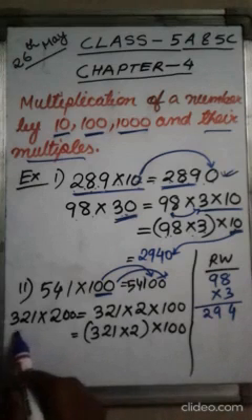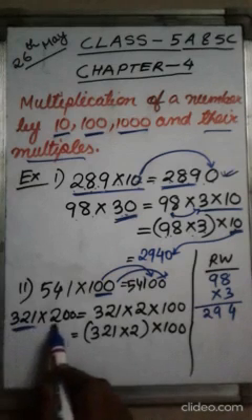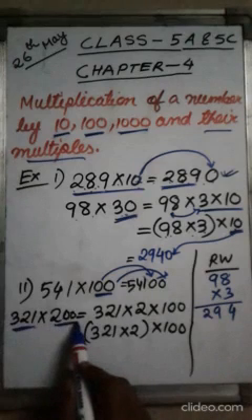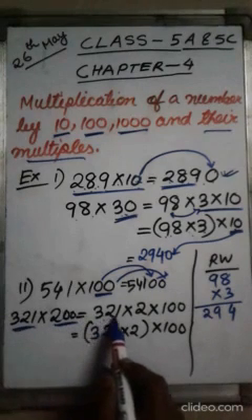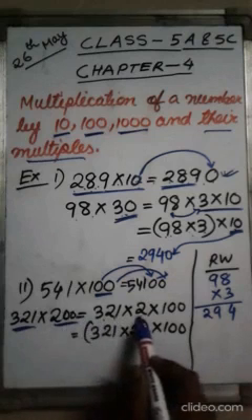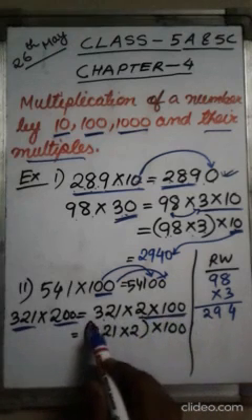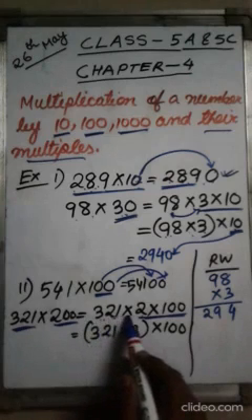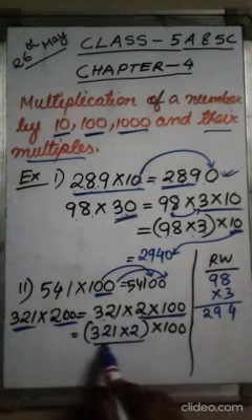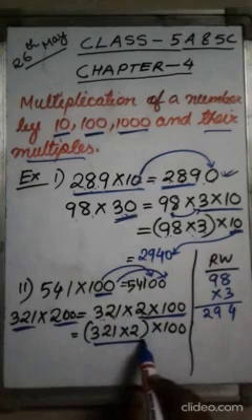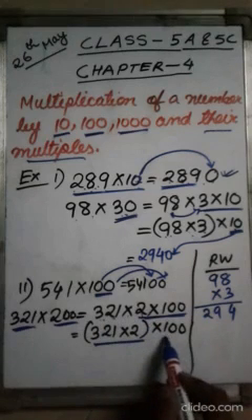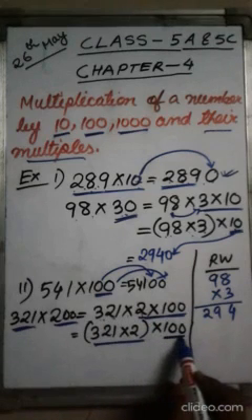For the next example, 321 into 200, we have to multiply these two numbers. 200 I can write as 2 into 100. So I am making a group of 321 into 2. This is a group I have made. Into 100, 100 is another group.